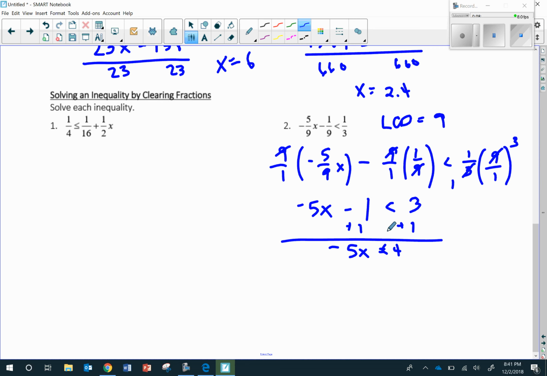Instead of an equal sign, that should be a less than sign. I'm going to finish solving this inequality by dividing both sides by negative 5. Remember that when you multiply or divide by a negative number, your sign flips. So our sign now faces that way. x is greater than negative 4/5. All right, I'd like you to go back and try number 1 using number 2 as your example.